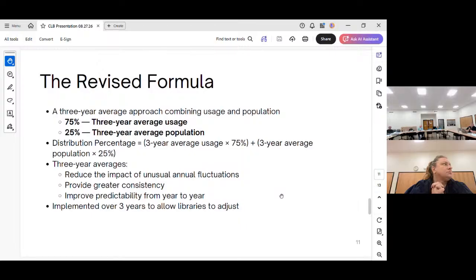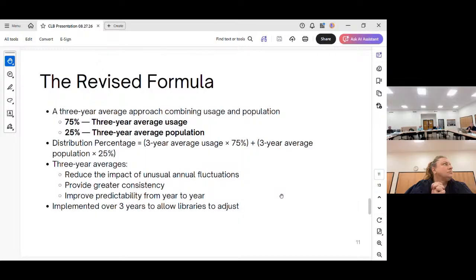So I know there's been some discussion about, originally there was what you could consider a base. In this revised formula, a library's population is its base funding. We didn't call it base funding whenever we put this proposal together, but effectively that's what it is: a base amount of funding that is the same equitable amount across the county.